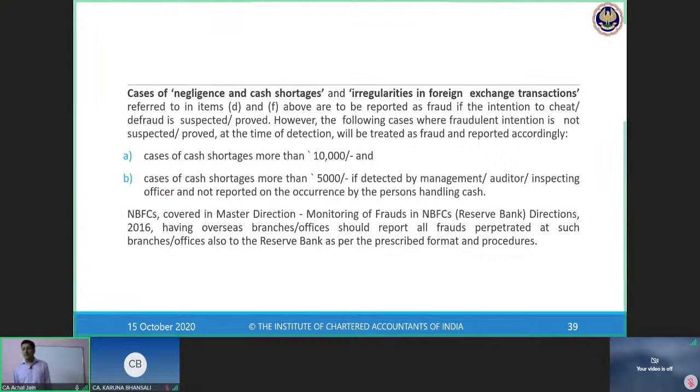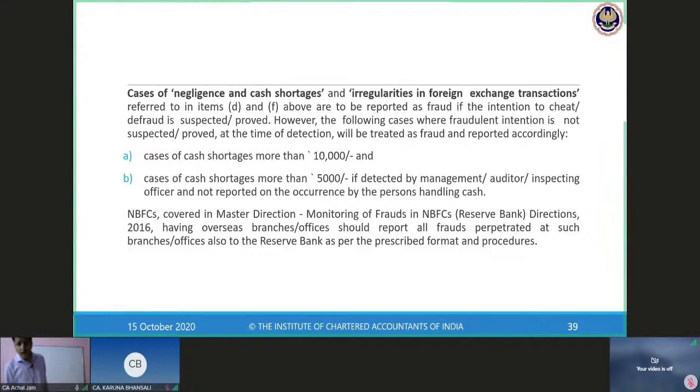However, following cases where fraudulent intention is not suspected or proved at the time of detection itself. So one is when a fraud is detected, one is when the fraud is suspected, and the third is when the fraud is proved. Okay.